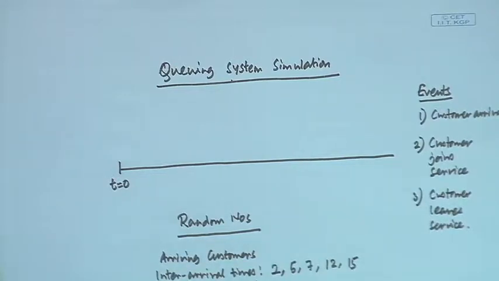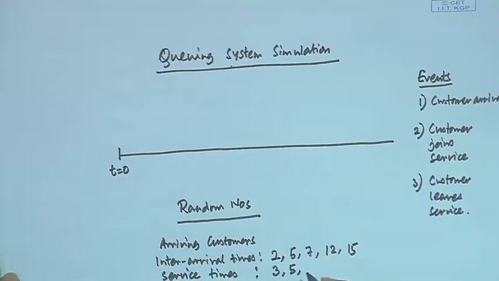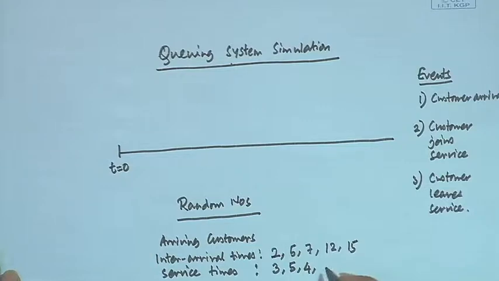What could be some service times? The service times could be arbitrarily, say, 3, then 5, 4, 2, 6.